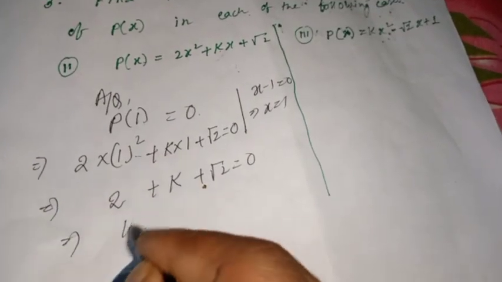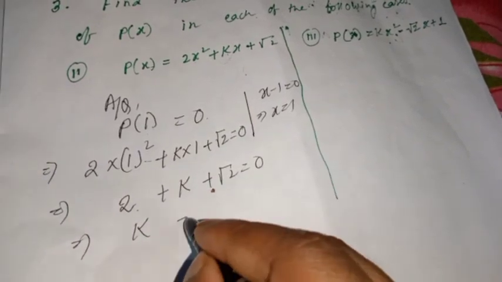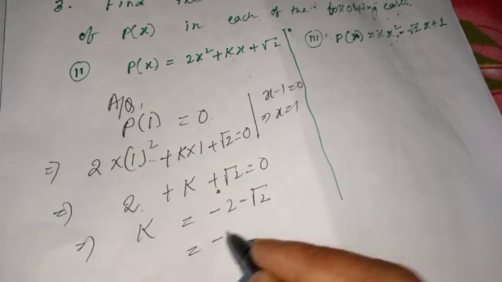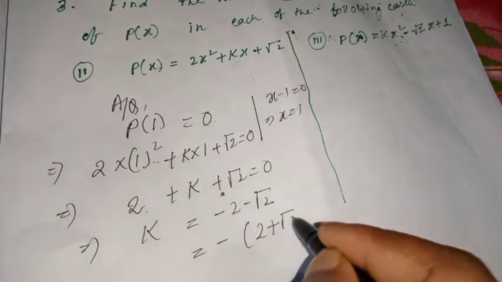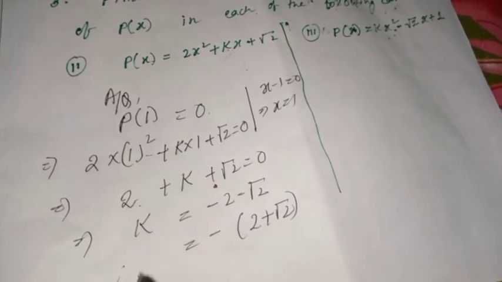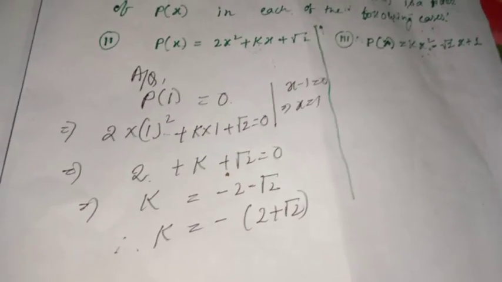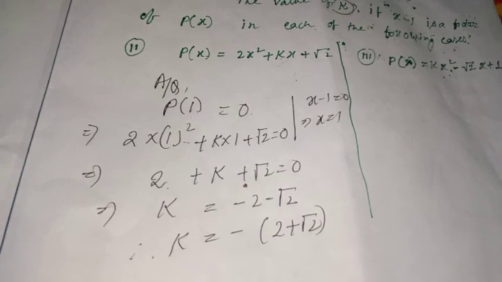Next, if you transfer 2 and root 2 to the right hand side, you will get minus 2 minus root 2. Or if you take minus common, then you will get minus of 2 plus root 2. That means at last, the value of k is minus 2 plus root 2. Okay, understood this one?